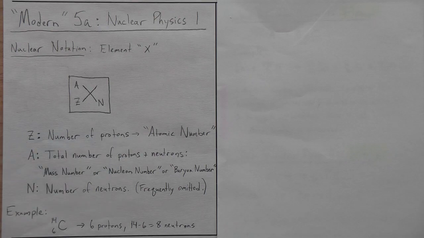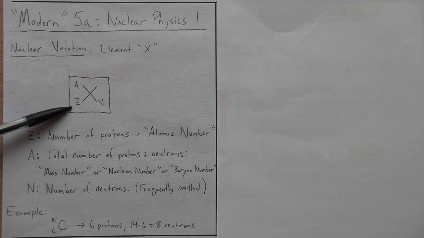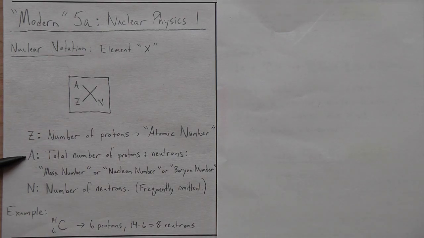It's called the atomic number. Not necessary to remember the name of it, but you do need to know that that's the number of protons inside. Then letter A is the total number of protons and neutrons together inside the nucleus.